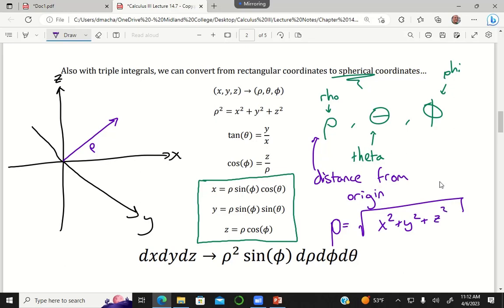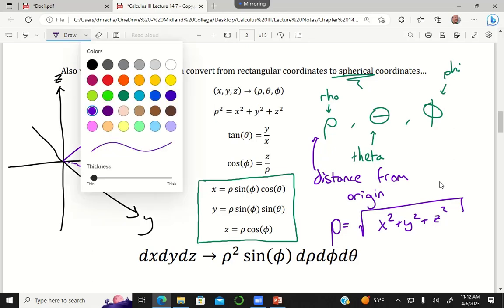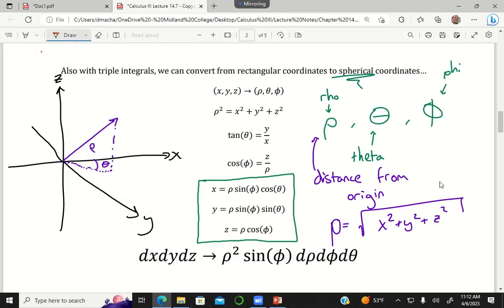Okay, and then theta is what you would get if you took this vector in 3D space and you projected it down onto the xy plane, and then you ask what's the angle between the x-axis and the projection of that onto the xy plane. That's theta. Now, phi is the angle that this makes with the z-axis.